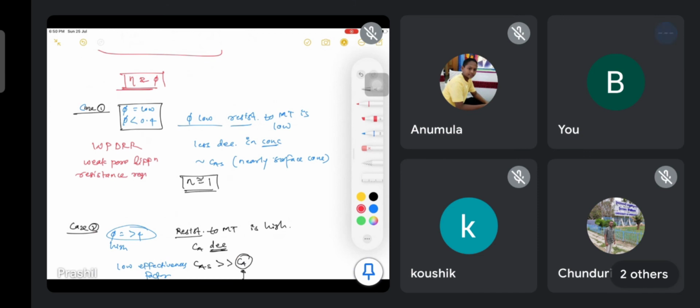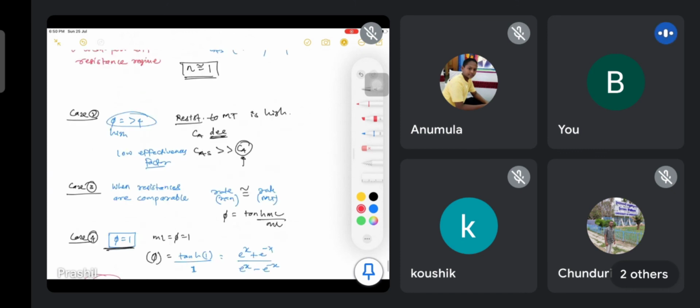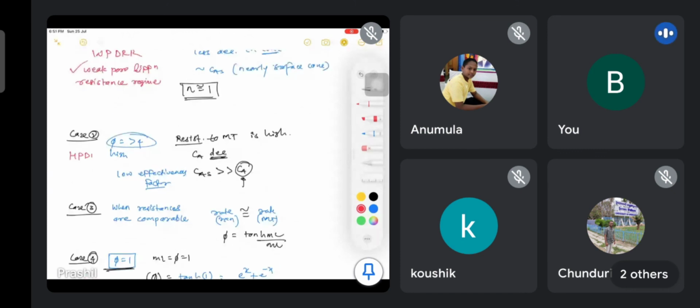Similarly, when phi is greater than 4, it is the high pore diffusion resistance regime. You just write that.